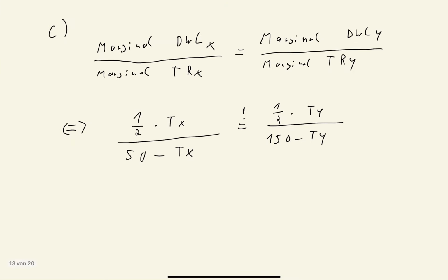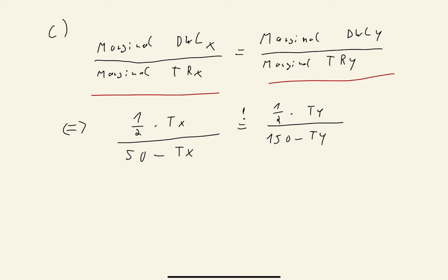If you remember, the rule was that the commodity taxes should be set in a way that the marginal deadweight loss of a good divided by the marginal tax revenue of the good should be equal to the marginal deadweight loss of the other good divided by the marginal tax revenue of the other good. By following this rule, you are making sure that you minimize the distortions in this economy for a fixed amount of revenue that you want to raise.